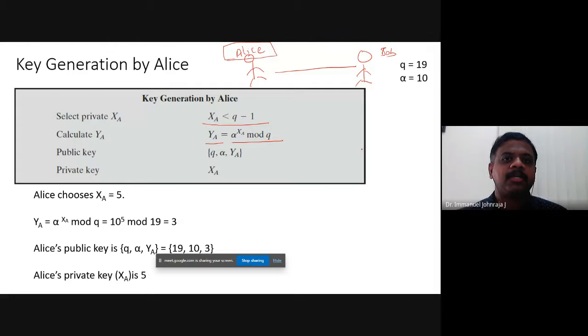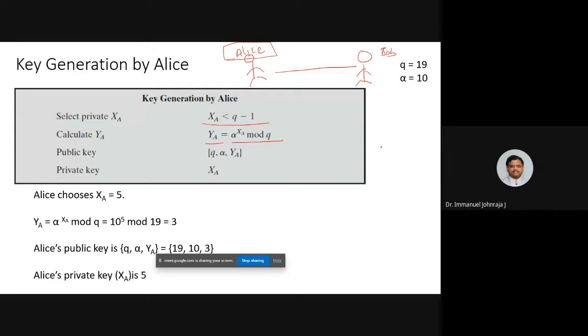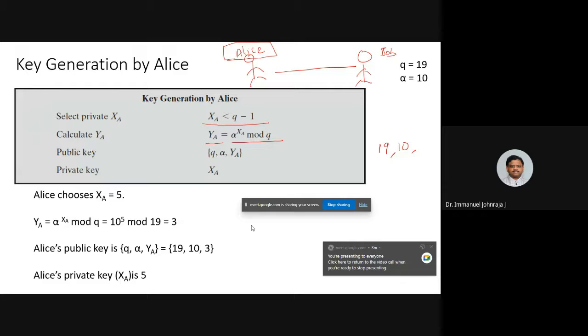All right. So q value is 19, and alpha value is 10. And what's the value of y_A? Probably we can take an example here. Alice, in our example, chooses x_A as 5.